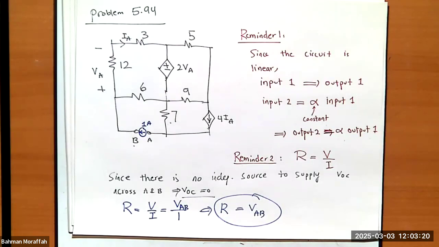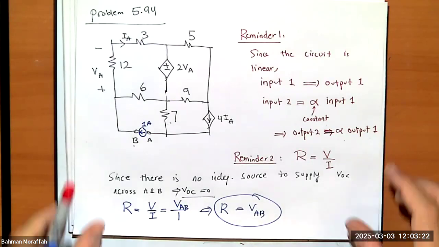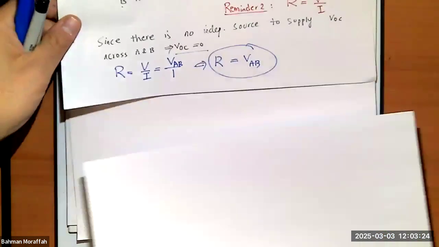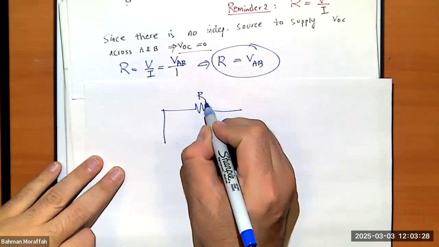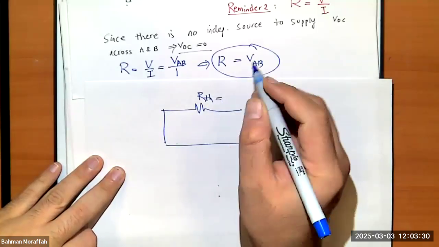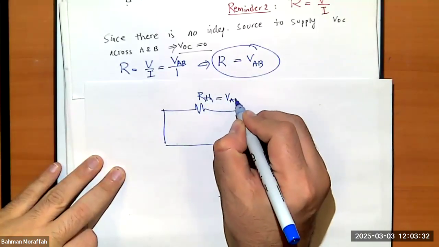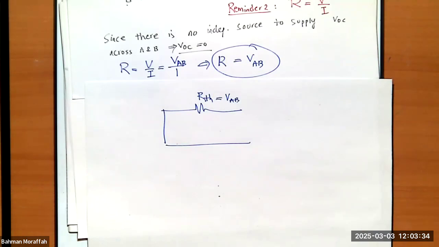So if I want to draw the Thevenin equivalent, what does it look like? Well, this is my Thevenin equivalent. Why? Because I have to have V open circuit. But I know V open circuit is 0.